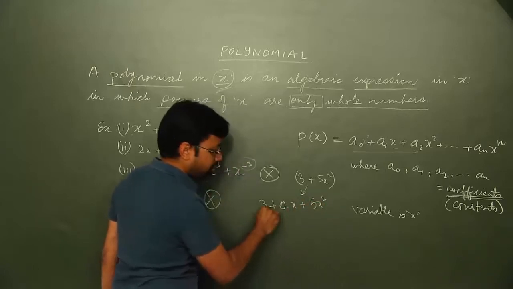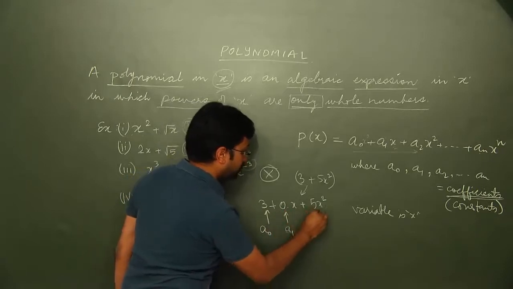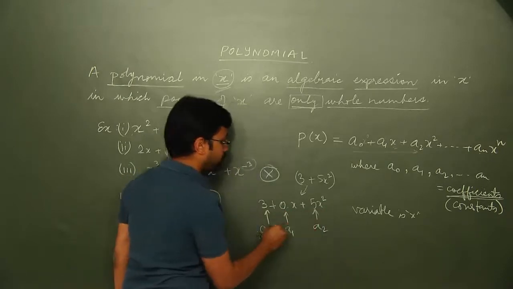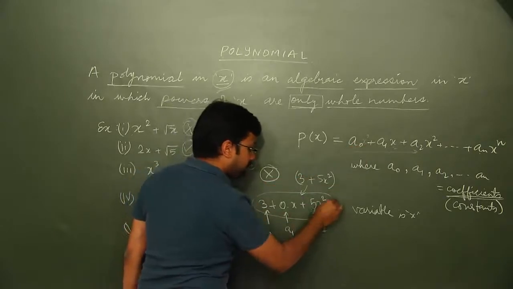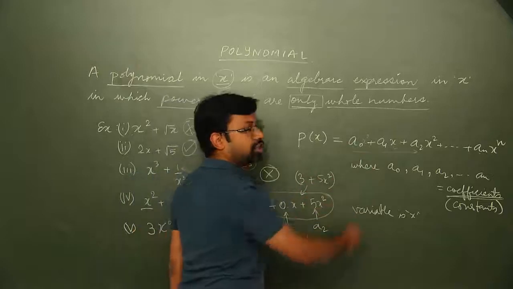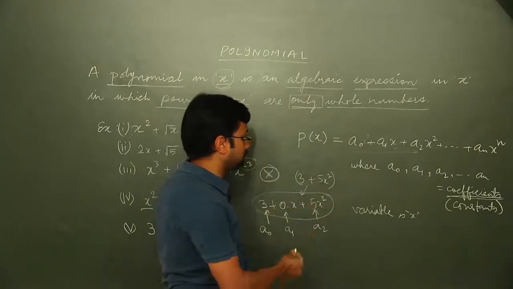So here a0 would be 3, a1 would be 0 and a2 would be 5. So this particular general form can be used here. This is the general form that we are using for any kind of polynomial algebraic expression in x.